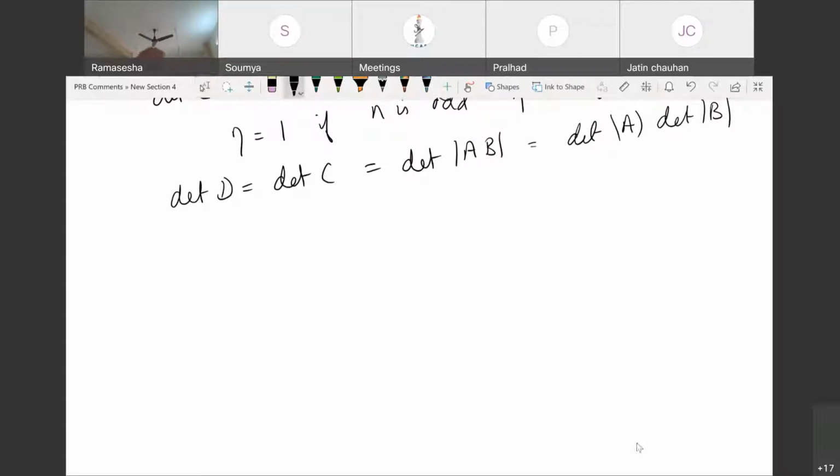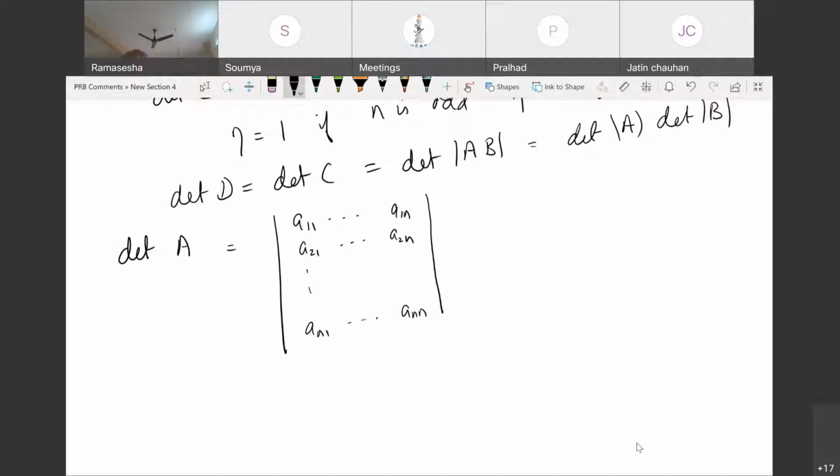So I said the determinant A, if I am given, equal to the array A11 to A1n, A21 to A2n, etc., down to AN1 to ANN.